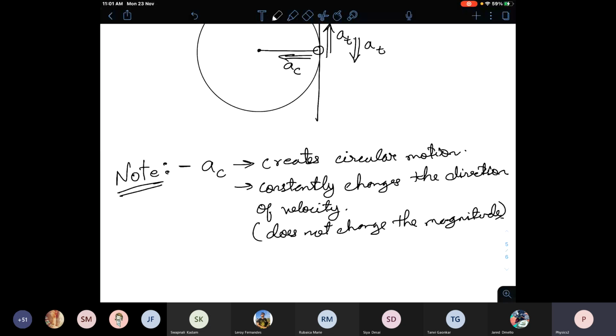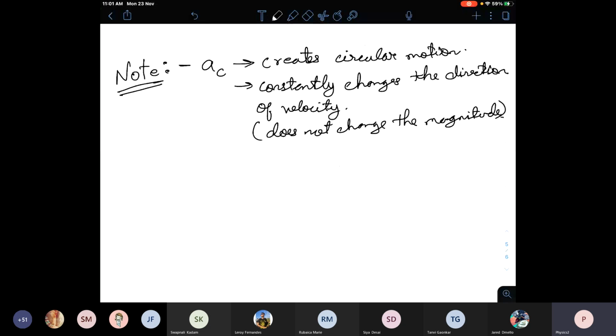Just for understanding, I am drawing this. You don't have to draw it. Suppose a particle is over here, and I have given it a linear velocity like this.